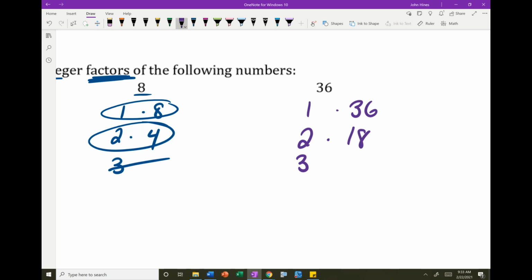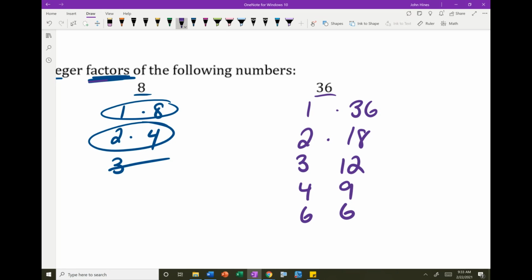Let's try 3. 36 divided by 3. 12. 36 divided by 4. 36 divided by 5, not nice. 6 times 6 is 36. And then once you get to that, that's kind of a repeat there, right? I'm not going to go to 7 because with 6 times 6, everything after that's going to start repeating. So these are my factors of 36.